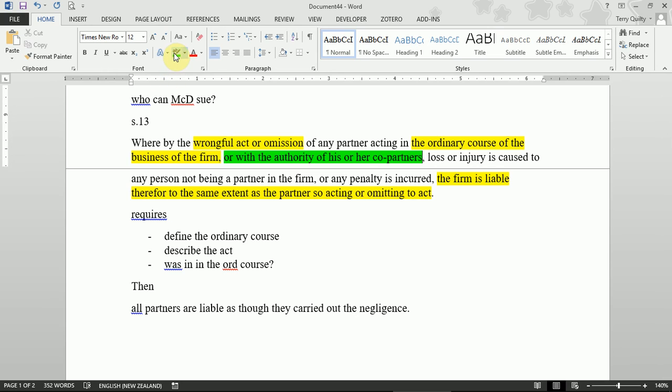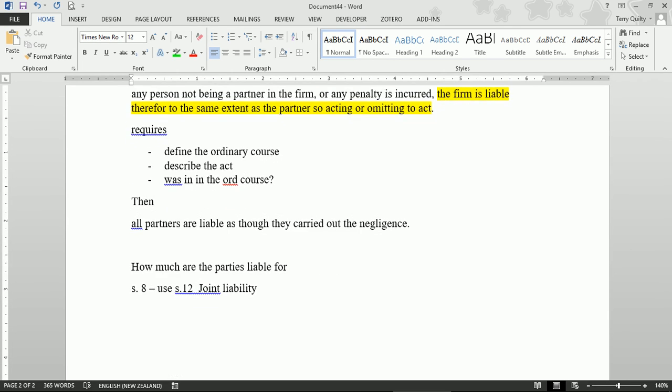Now, the only other thing we need to cover in this short recap is how much the parties are liable for. So Section 8, use Section 12, and it's joint liability. In Section 13, for torts, use Section 15 because that sets out the amount, and it's joint and several.